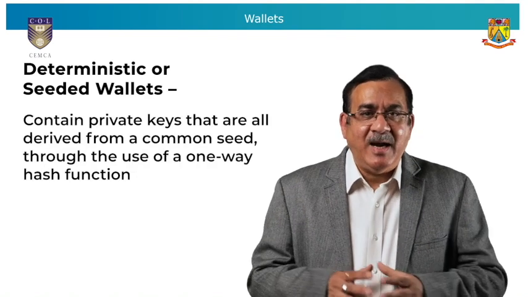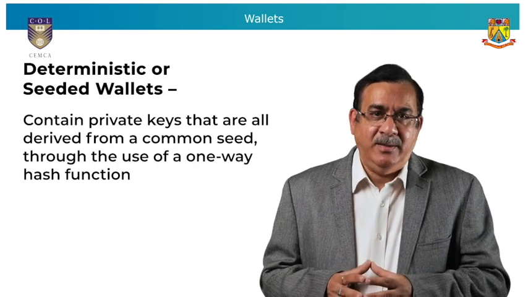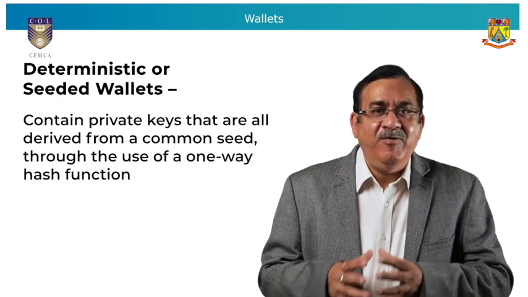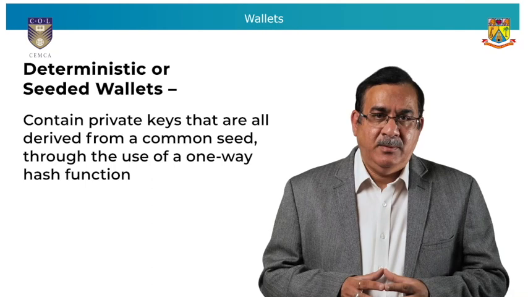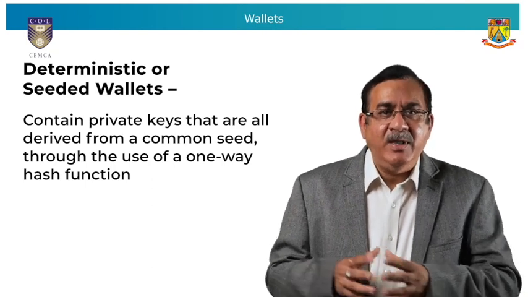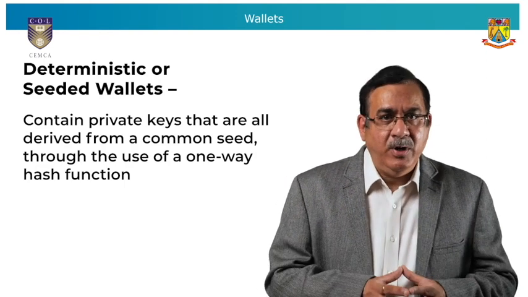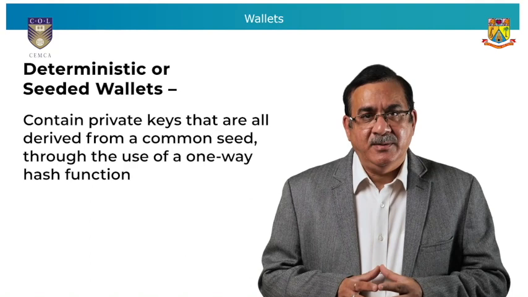These are the wallets that contain private keys that are all derived from a common seed through the use of a one-way hash function. The seed is a randomly generated number that is combined with other data such as an index number or chain code to derive the private keys.